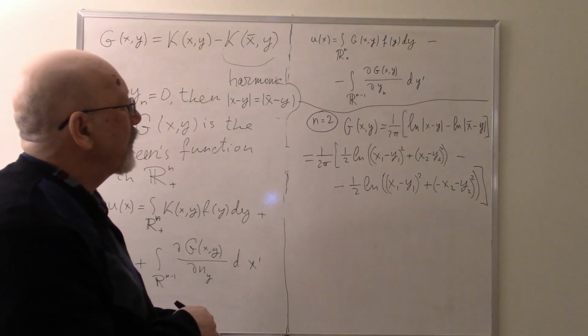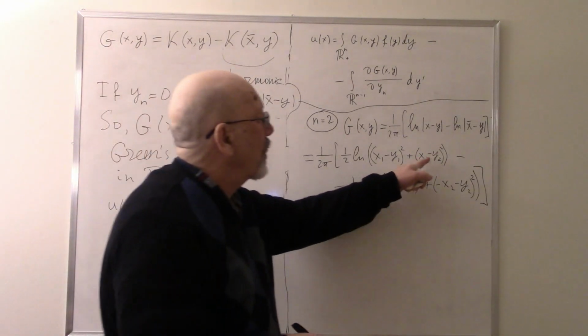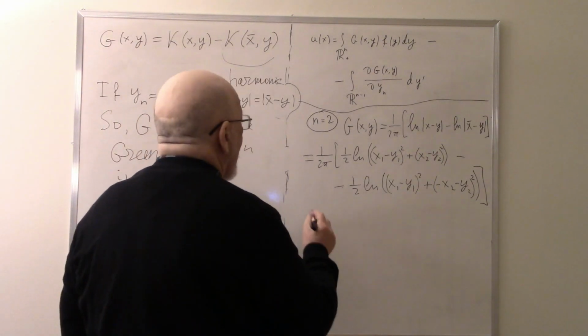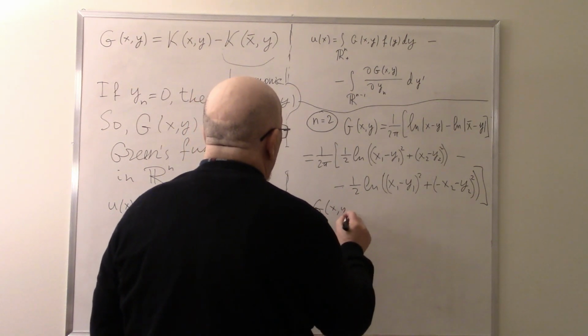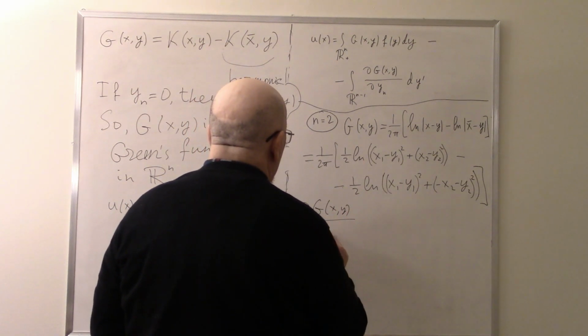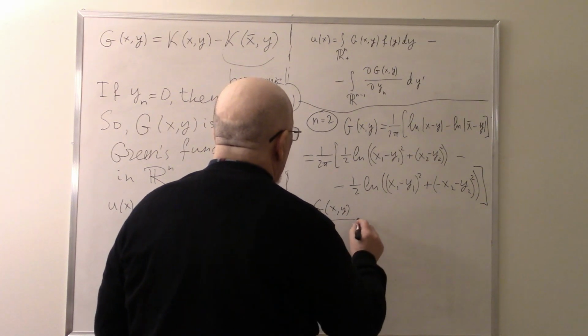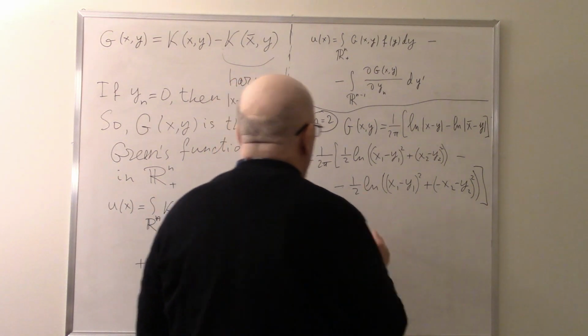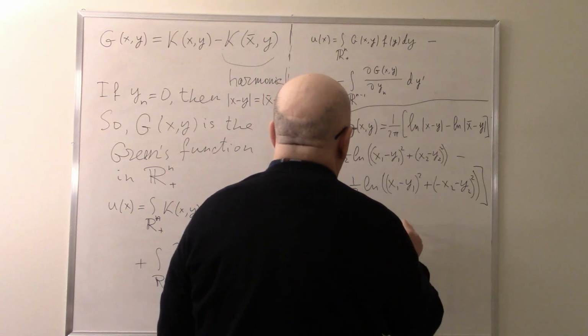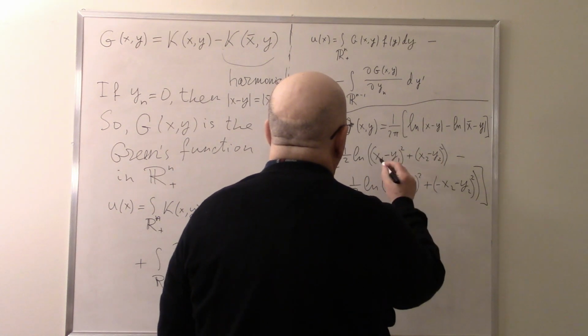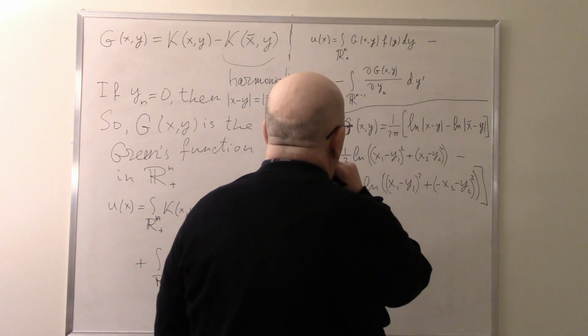Now we have to differentiate with respect to y2. dg of x, y over dy2 equals 1 over 2 pi. So how to differentiate this?